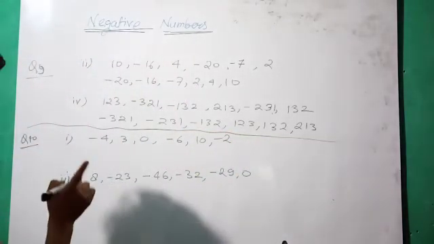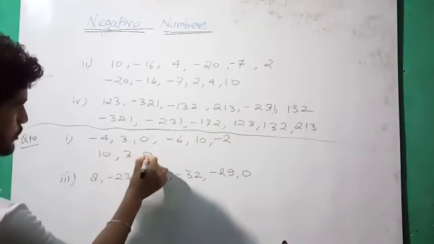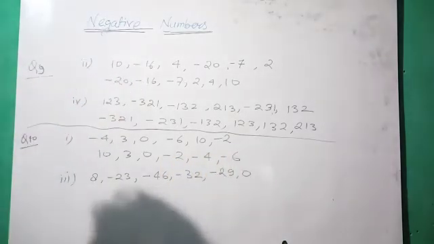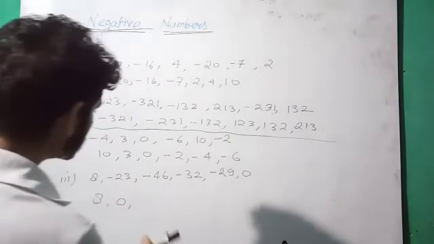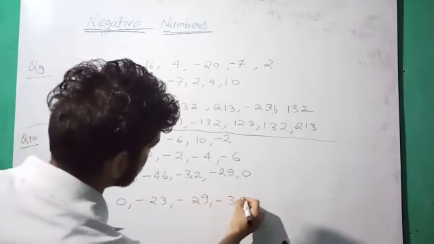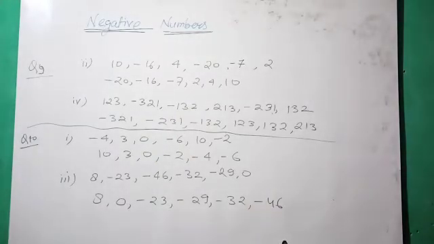So we have to write down first the greatest number: 10, then 3, 0, minus 2, minus 4, minus 6. In this, first 8, 0, then minus 23, minus 29, minus 32, minus 46. Similarly, you have to do question number 9 first part and third part, and question number 10 second part and fourth part in your fair copy. Okay, you have to note down.